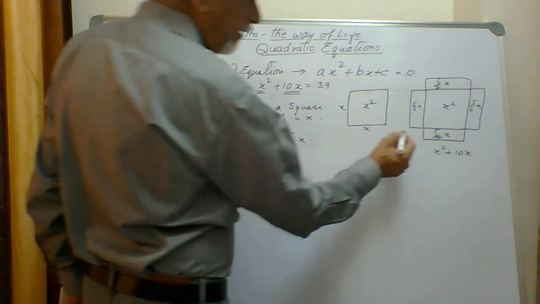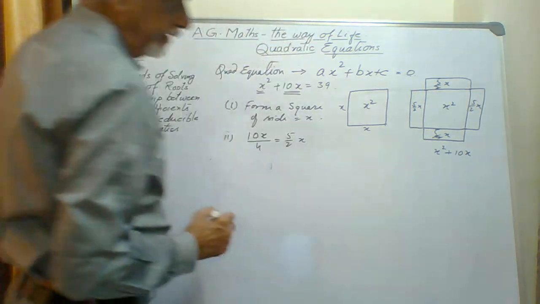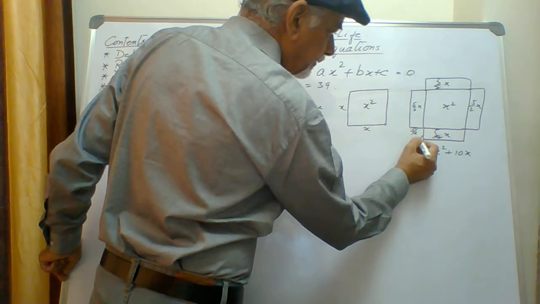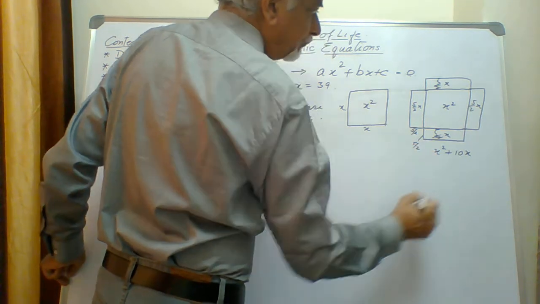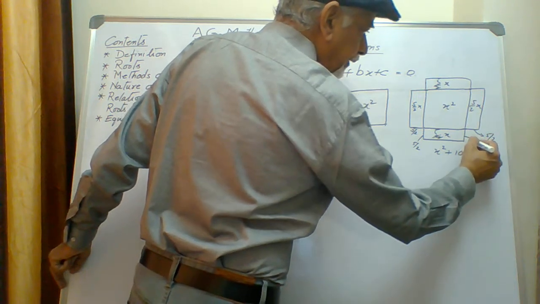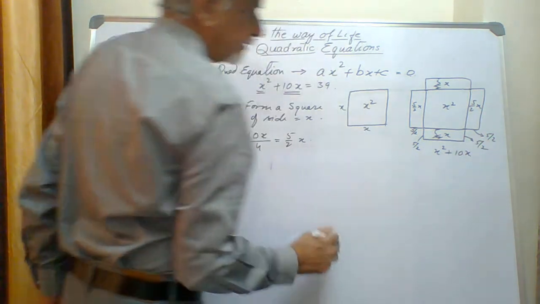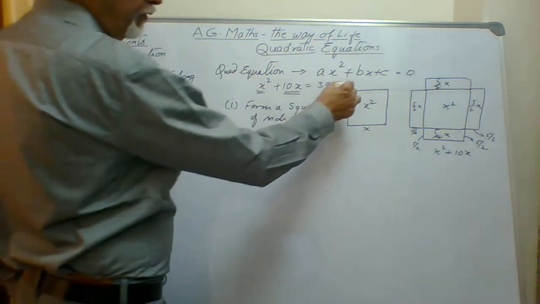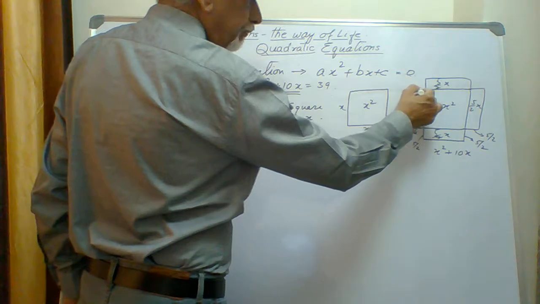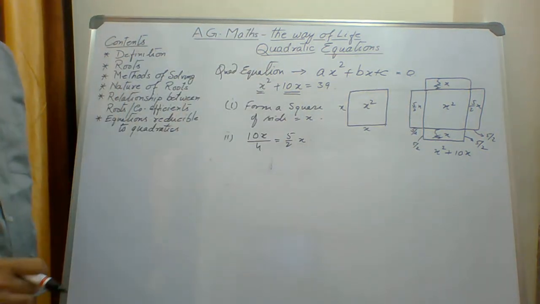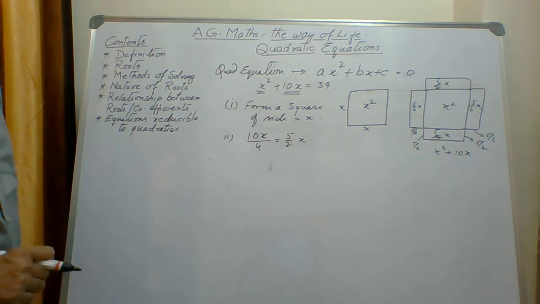Now you see, what is this portion? This portion is nothing but 5 by 2, and this is also 5 by 2. Because the area of this rectangle is 5 by 2 of x, and if one side is x, then the other extended part must be 5 by 2.